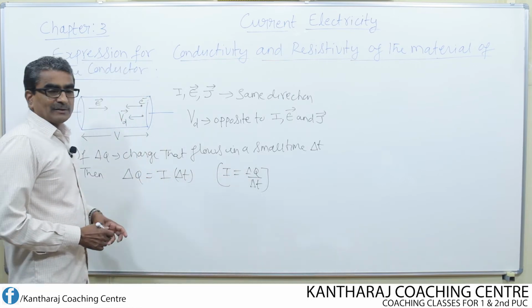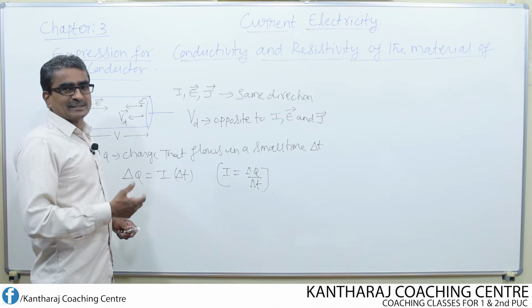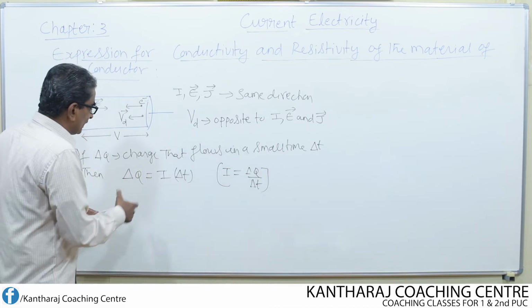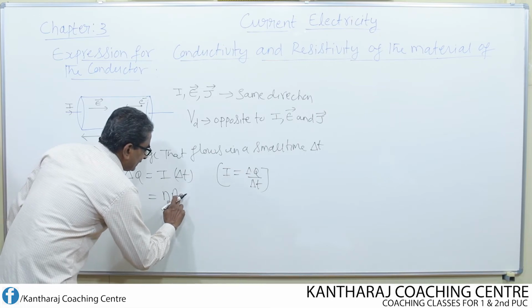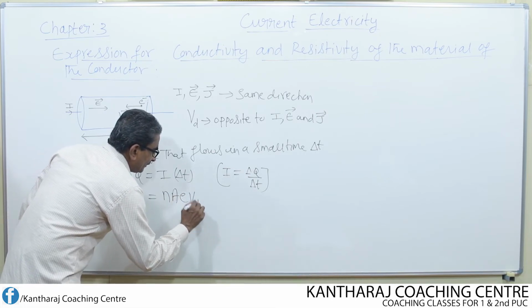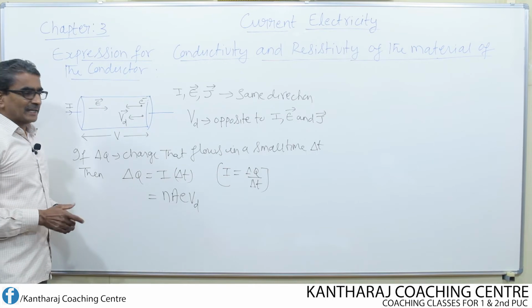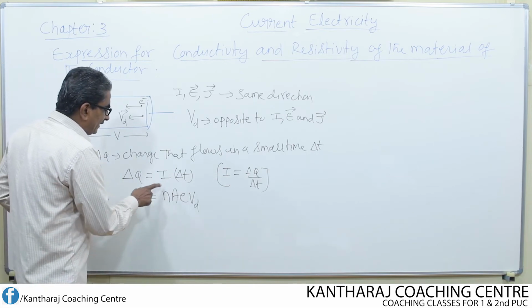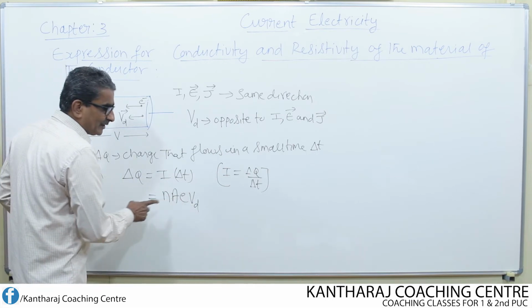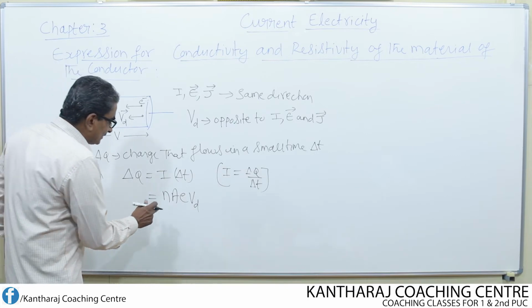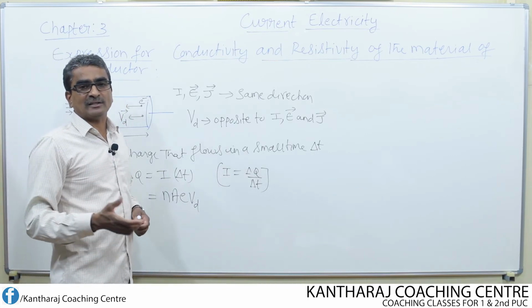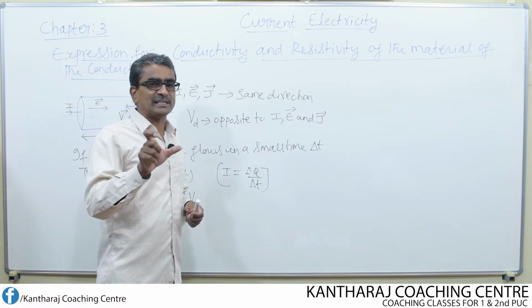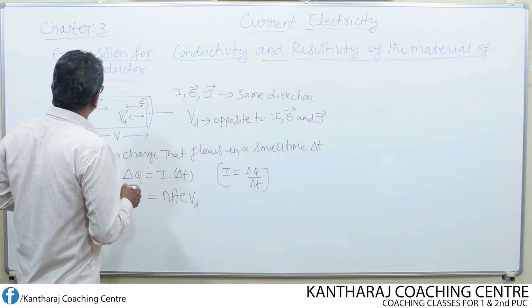But from our previous class explanation, current is given by NAE into Vd. We derived the expression for current in terms of drift velocity. What does N refer to? N refers to the number density of electrons, or the number of electrons present in unit volume of the conductor.